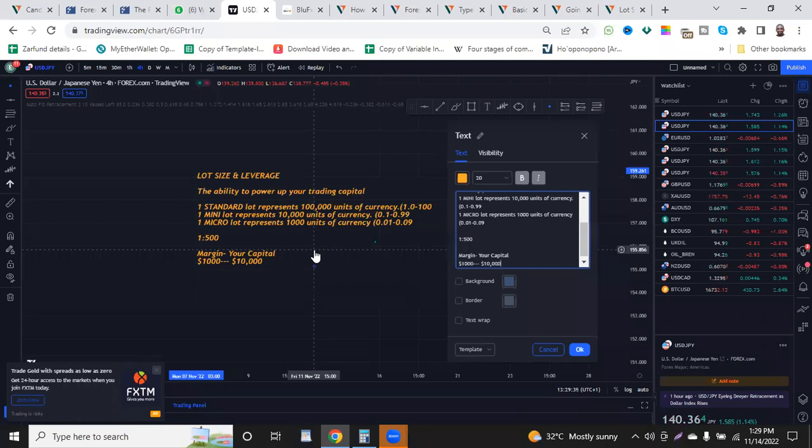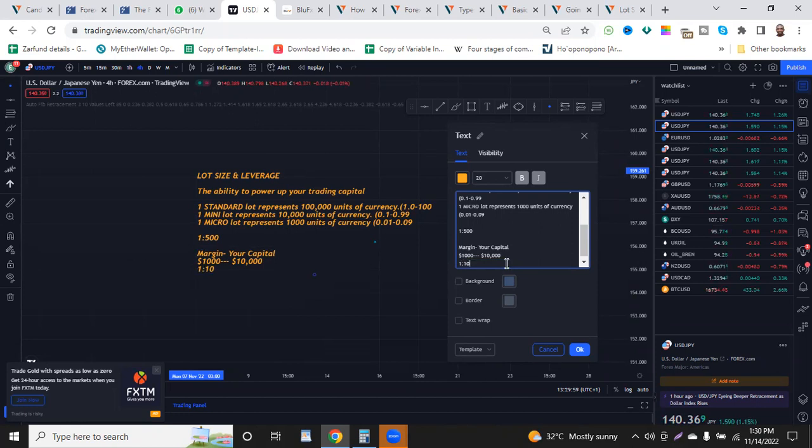So in this case, the relationship between your margin and the amount you're trading is 10. You have $1,000 in the account, but you are able to trade as though you have $10,000. So that's a leverage of 1 to 10.